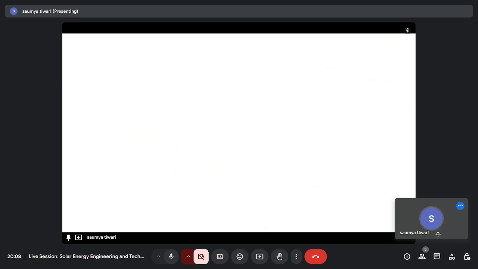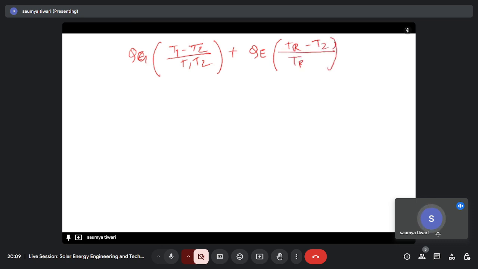If we solve it further, 1 by T2 minus 1 by T1 can be written as (T1 minus T2) upon T1 T2, plus Qe times (1 by T2 minus 1 by TR), which is (TR minus T2) upon TR into T2, greater than or equal to 0.